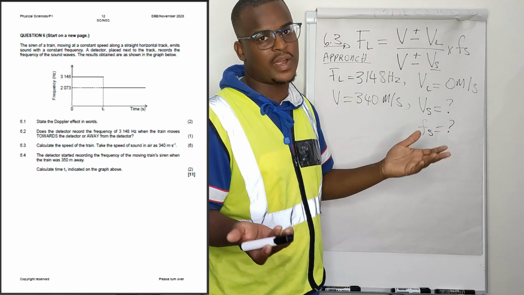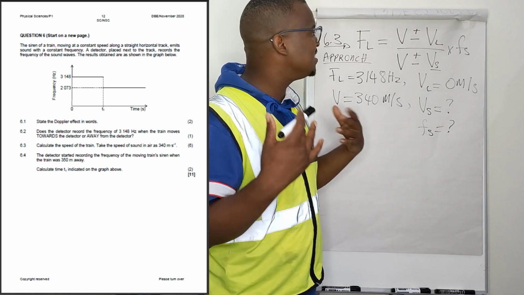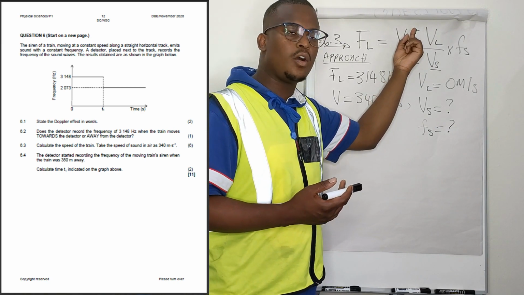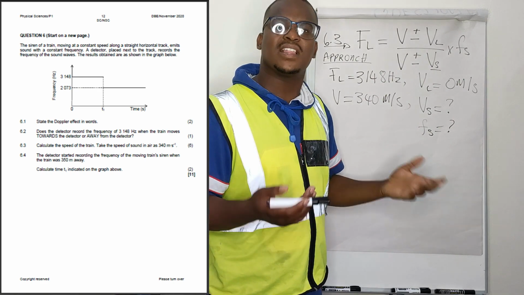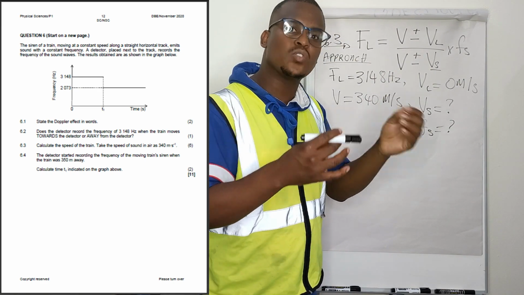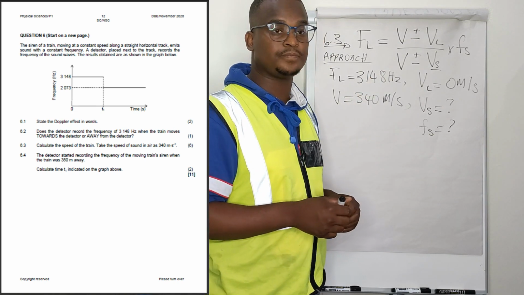Plus or minus. That's the information that we now need to decide on. Are we going to have minus or plus at the top, in the numerator? The denominator is going to be plus or minus. That's what we are now going to sort out, and then start working on finding the velocity of the source.